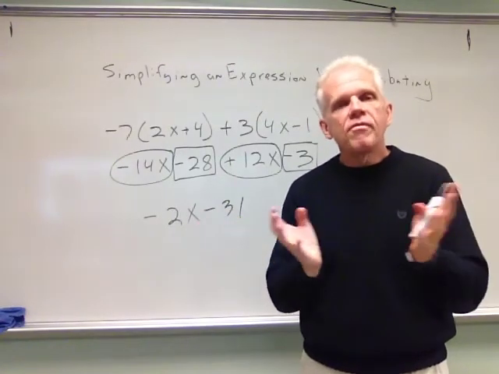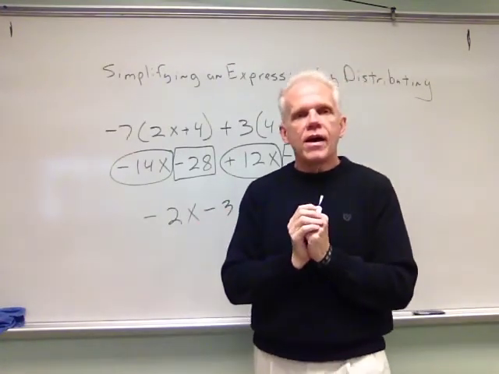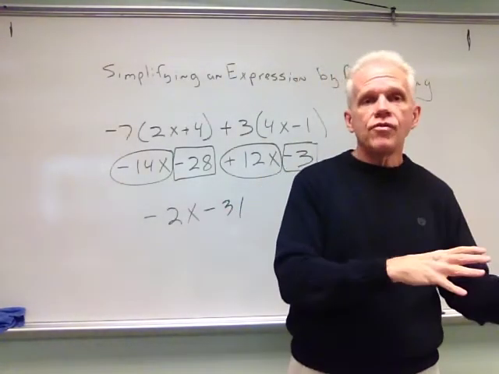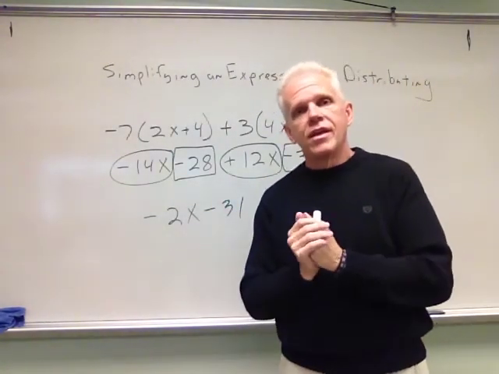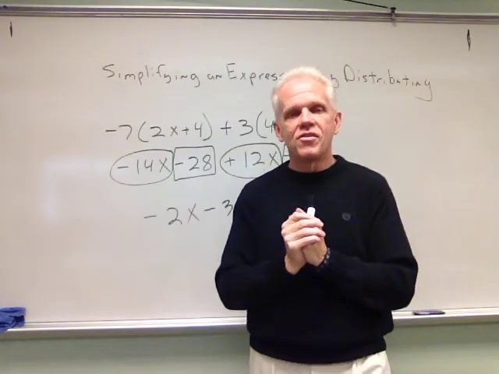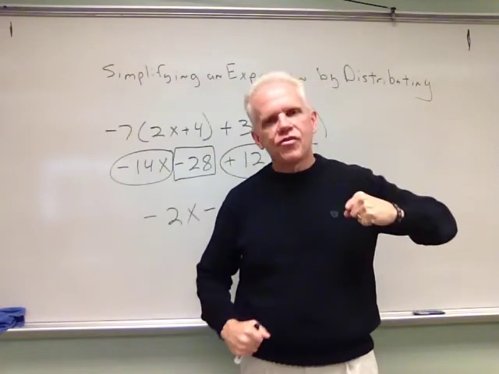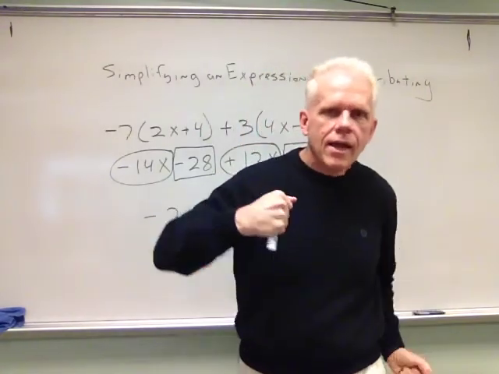But you'll be simplifying expressions a good bit in 9.5, and then this is going to be the first step that we're going to use in solving equations when we move forward and some of the things we're about to do after this.